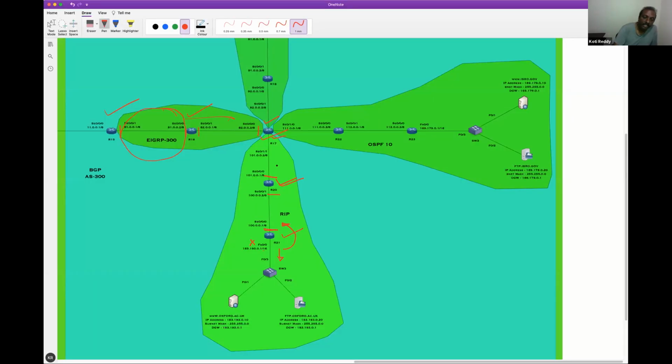Similarly, I go to the next router. I go to, say, R17. In R17, again, I enable RIP protocol. Enable it only on this interface, serial 0/1/1, 101 network ID.